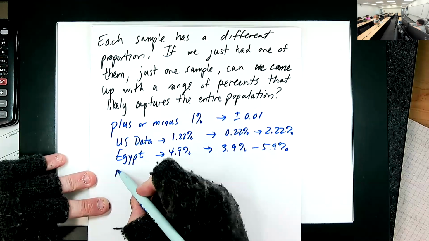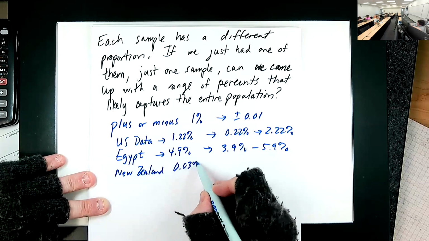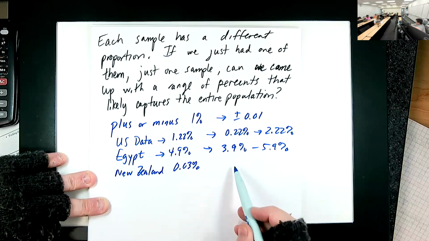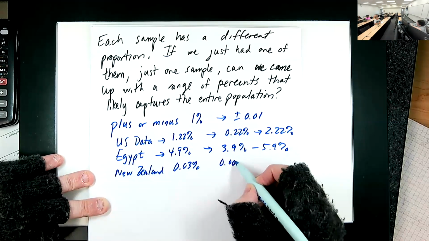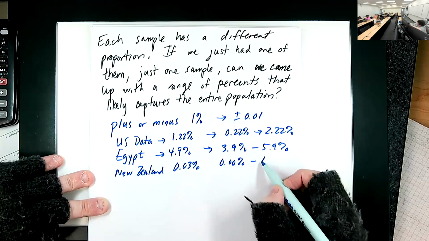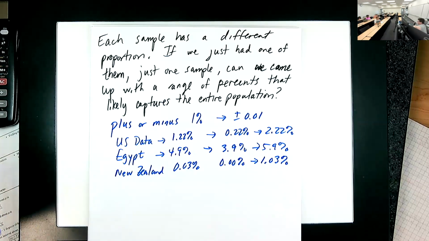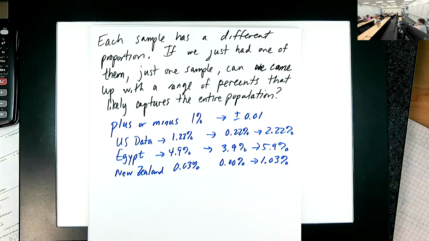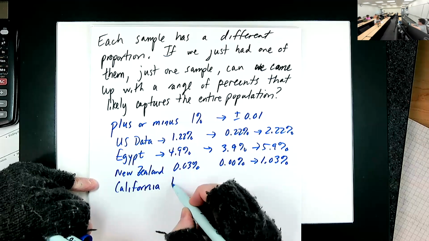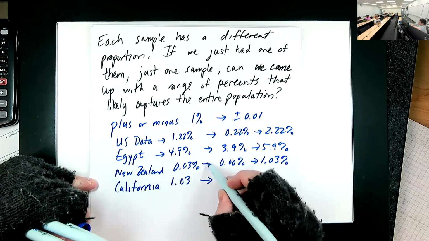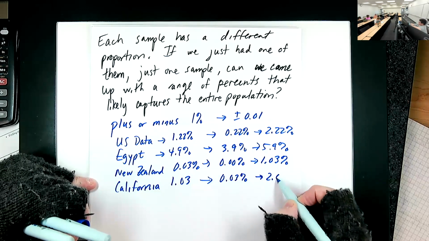If we had New Zealand with their very, very low 0.03%, we can't even go negative. Subtracting 1 from this would be a negative percent, which doesn't make sense. So maybe we just say 0.0% to 1.03%. I'm just adding 1% up or down. Add 1 and subtract 1. We look at California. We had 1.03. So this would have been 0.03% to 2.03%.